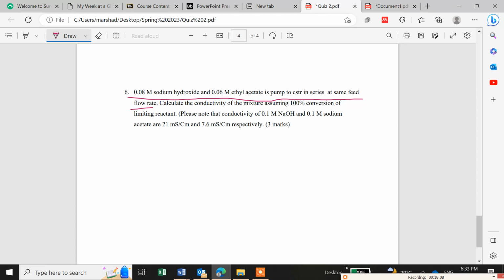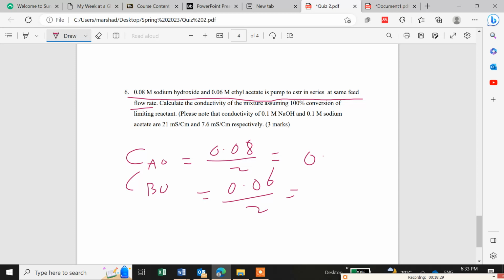So this is again concentration in the feed tank, before the reactor. So Ca naught will be again half of this, right? 0.08 divided by 2, 0.06 divided by 2. So that is the initial concentration, Ca naught, Cb naught.